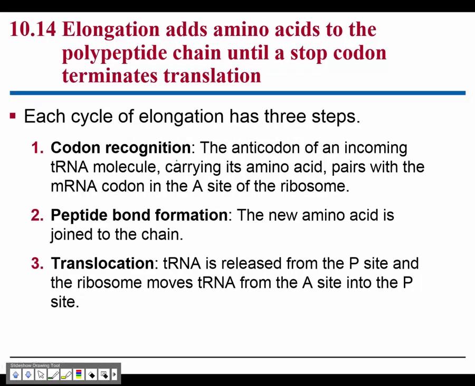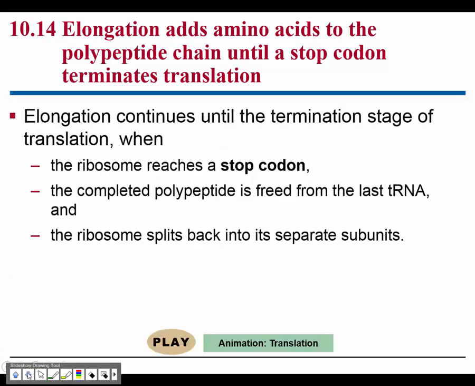So codon recognition: the anticodon on the tRNA that has the amino acid with it pairs with the mRNA, and through the chemical reaction, when the anticodon matches up, the bond between the tRNA and the peptide is broken, and it's formed onto the chain. So the translocation, or tRNA, is released from the P site, and the ribosome moves the tRNA from A site to P site.